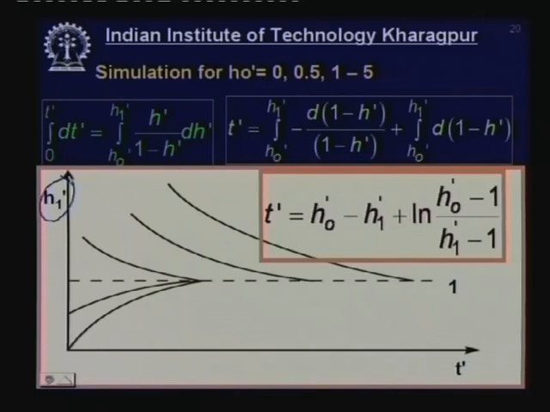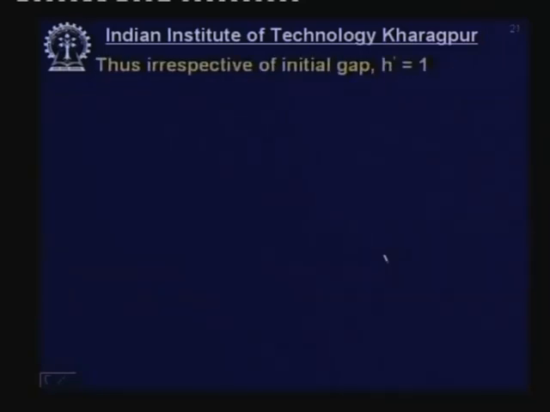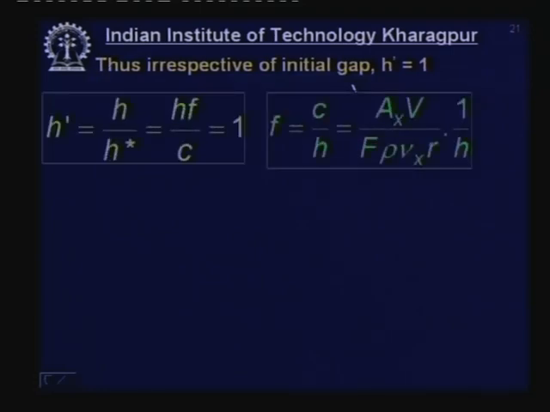Irrespective of whatever be the initial gap, the final value is saturating at 1, that is the equivalent gap. Thus, irrespective of the initial gap, H prime bar would be 1, or H would be equal to H star. So, it is very evident.